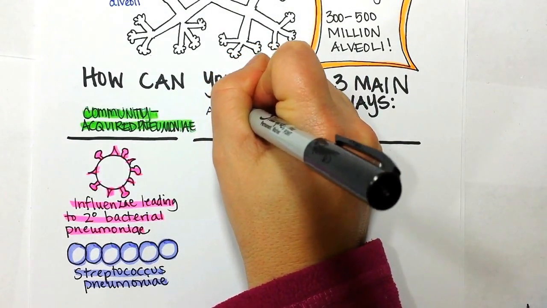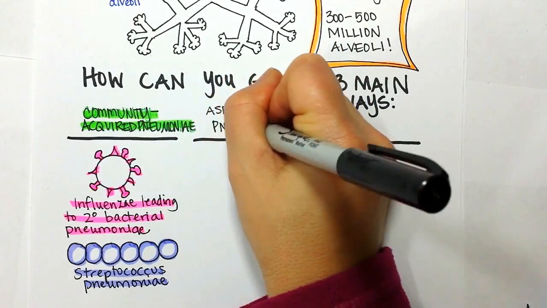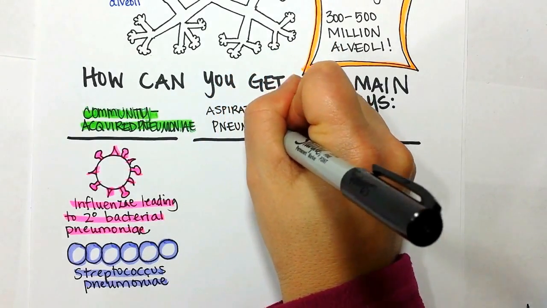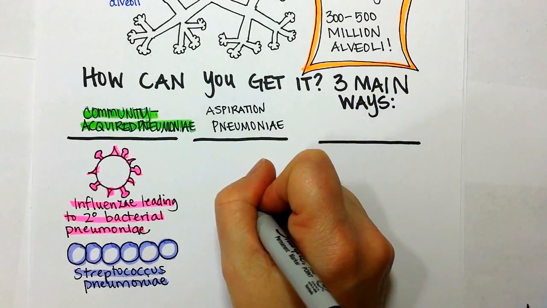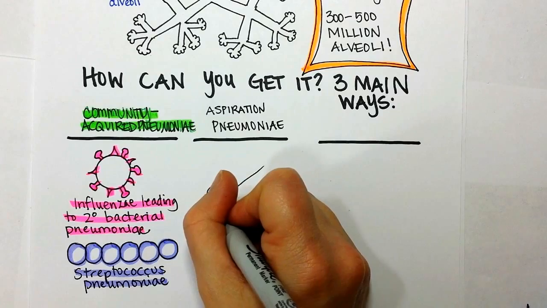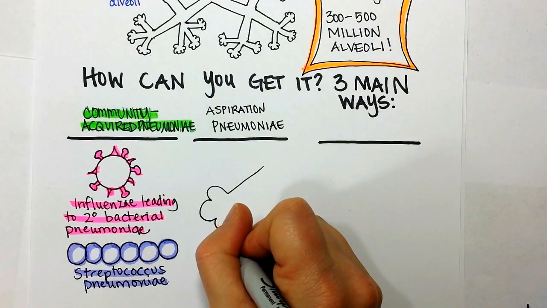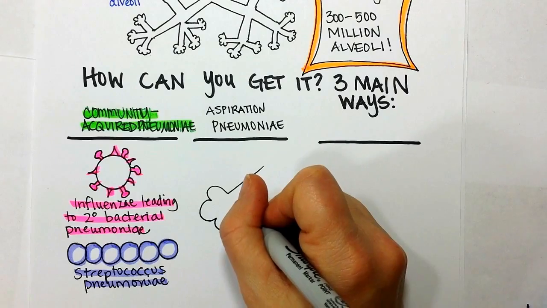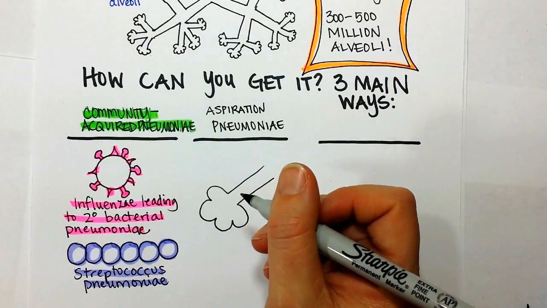So we call it aspiration pneumonia. An example of this is if an elderly person has weak swallow muscles, and maybe they even aspirate a little bit of the water that they're trying to drink.